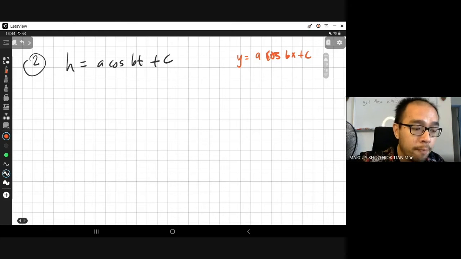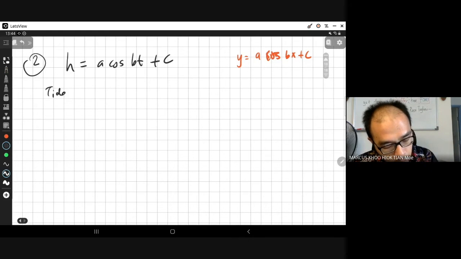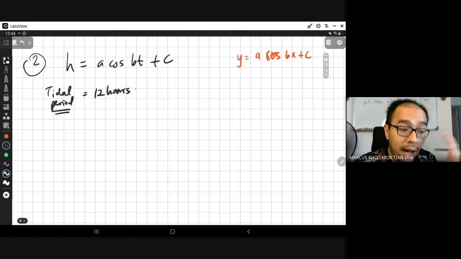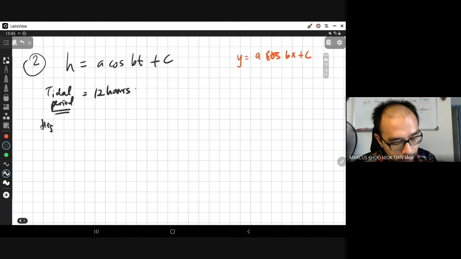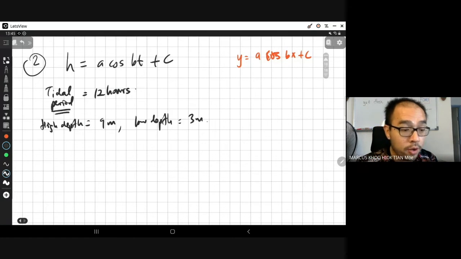Assuming that the tidal period equals 12 hours, and the depths of water are high and low at 9 and 3 meters. So high depth is 9 meters, low depth is 3 meters. The question is find the value of the constants A, B, and C.